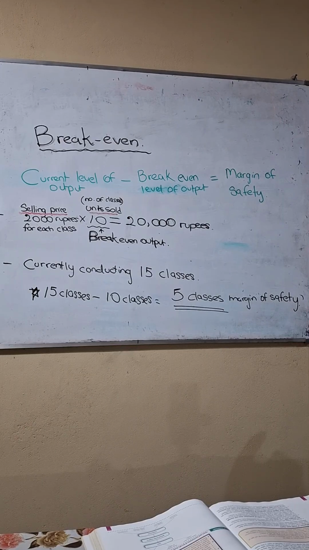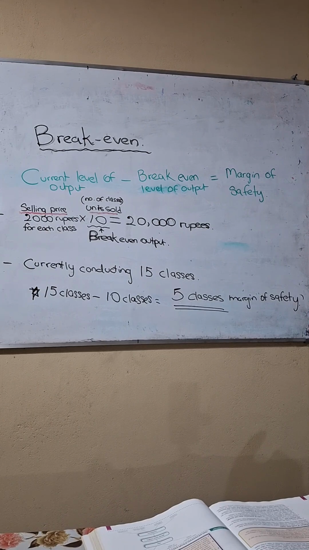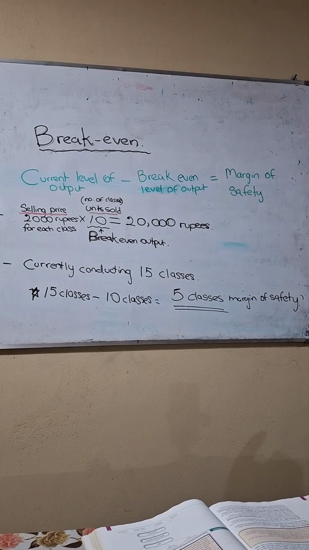So this is how we calculate the margin of safety. You take the difference between the break-even level of output and the current level of output.